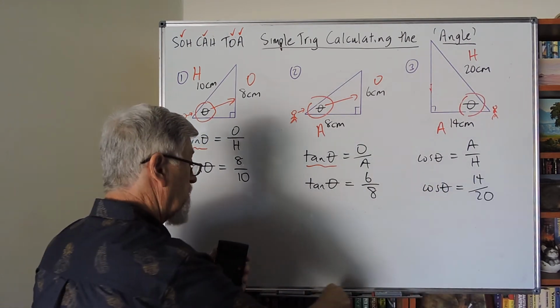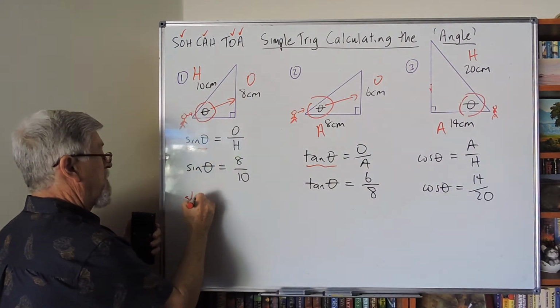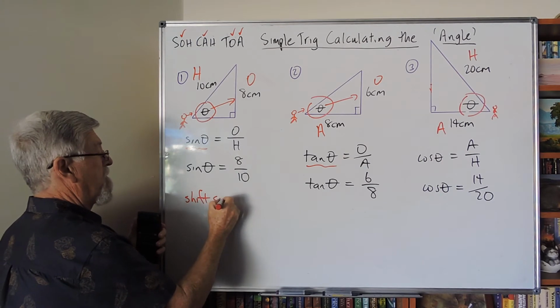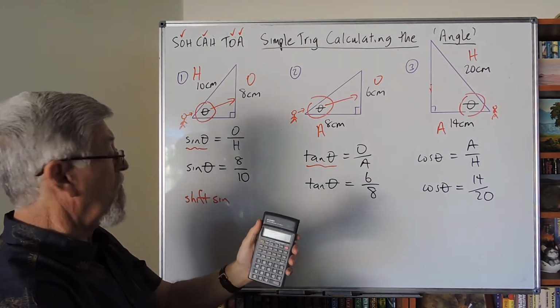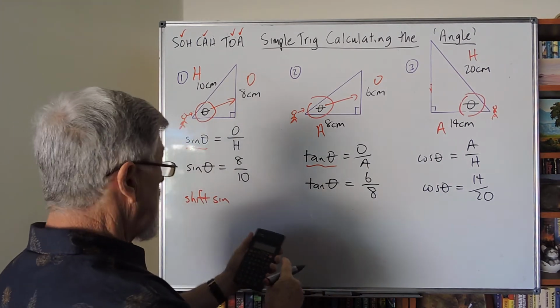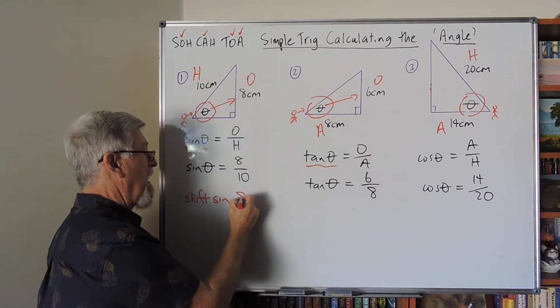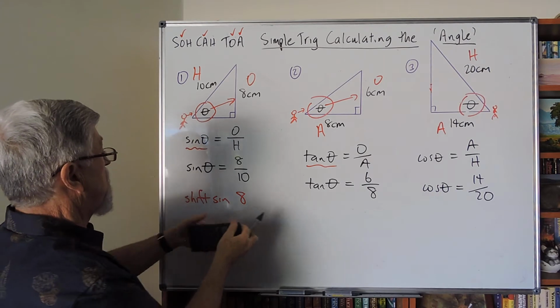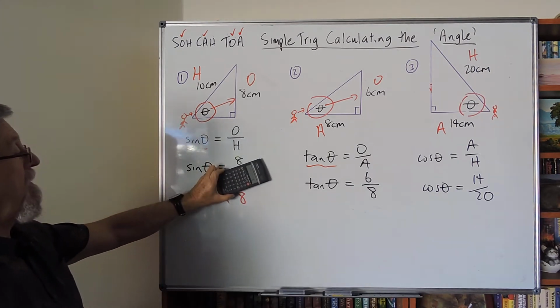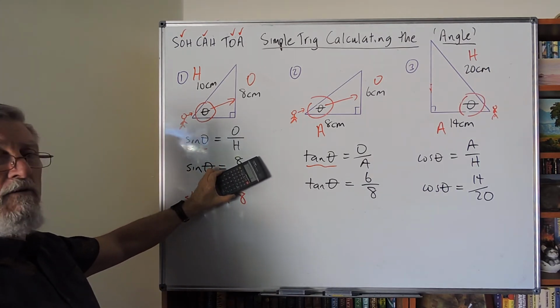So the buttons that I'm going to press are shift, sine, so that tells it to get the angle, and then I'm going to type in the fraction. Now if I just type 8, the calculator thinks that you're saying find the angle for 8.